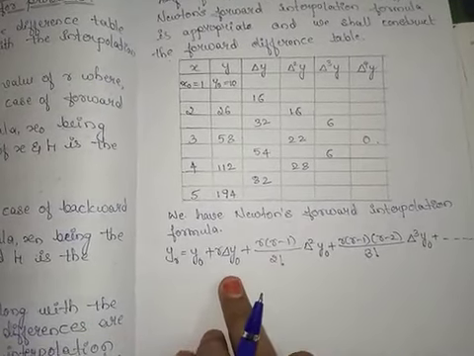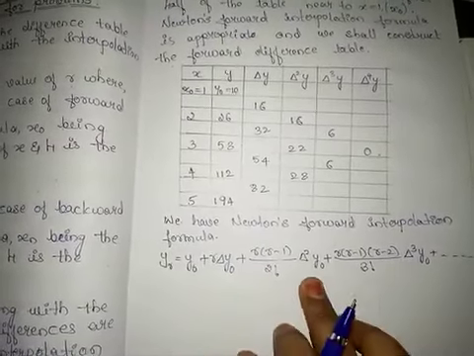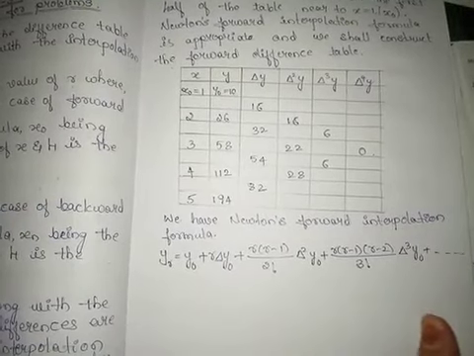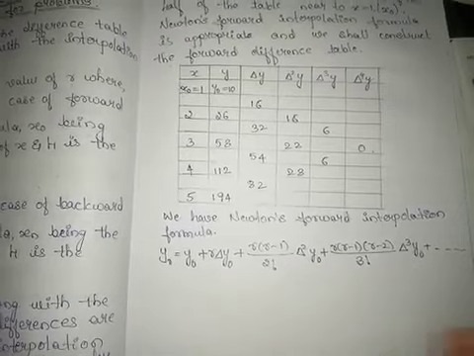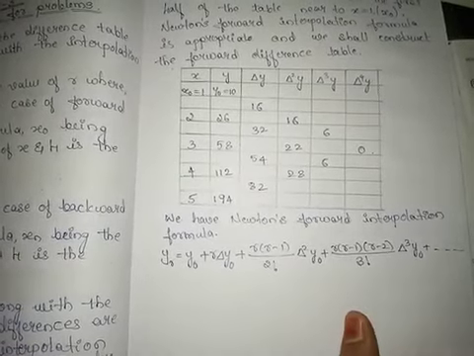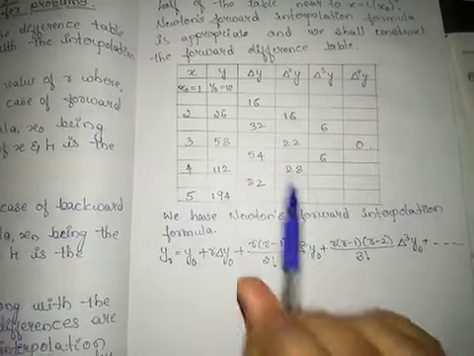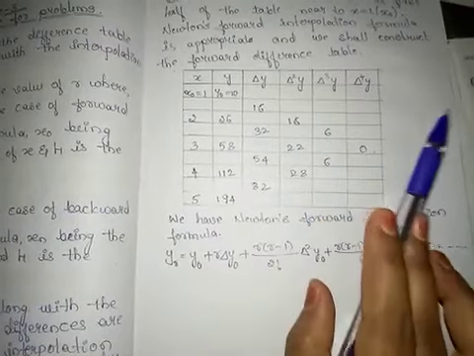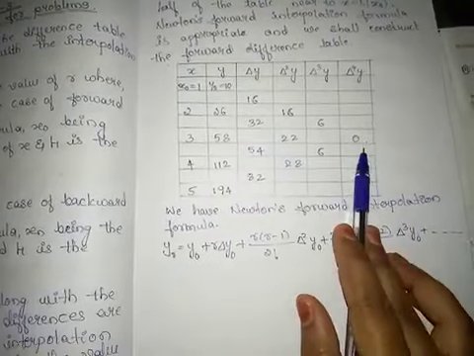See here, delta y0, delta square y0, delta cube y0 and delta raised to 4 y0 indicate what? These are the leading forward differences. These terms lie in the first place in all the difference columns: 16, 16, 16 and 0.